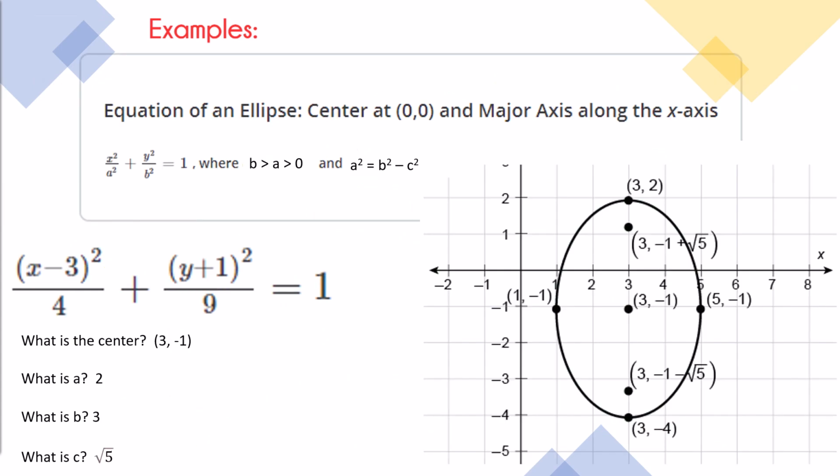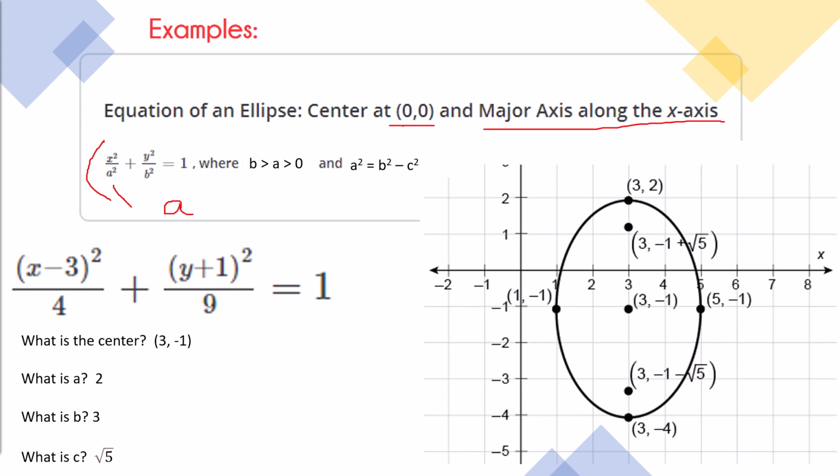Okay, so we have an example here. The center is at 0, 0, and the major axis is along the x-axis. So this equation is x squared over a squared. Remember, a squared is going to be the larger number.